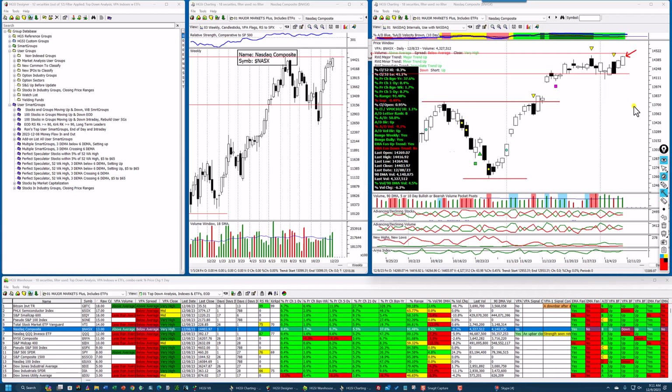The open really doesn't matter because this is where the professionals are taking positions, overnight positions. And you can see volume was down from the prior day, but it's still above average. The advancing versus declining stocks were positive, as was the advancing versus declining volume. New highs versus new lows were positive. That's been coming down some.